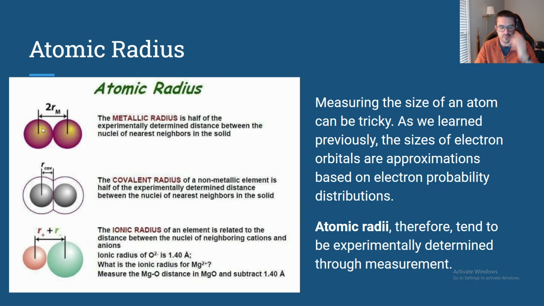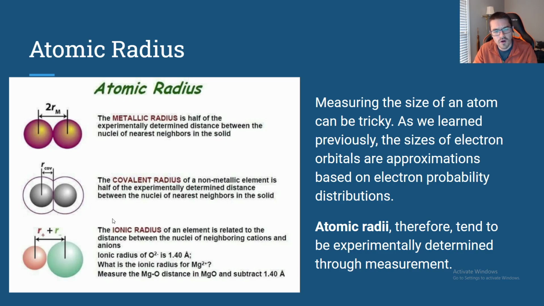So in a metal, if you measure the distance between two atoms, divide that distance by 2, that'll be your radius. And the same thing in a covalently bonded compound. An example here would be O2, oxygen gas, or N2, nitrogen gas. Measure the distance between the nuclei of the two atoms, divide that by 2, and that will give you the radius of one of the atoms.